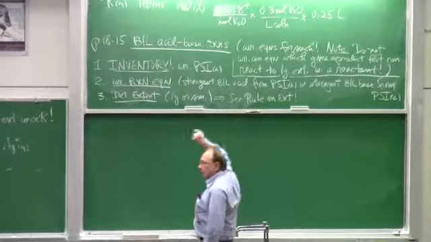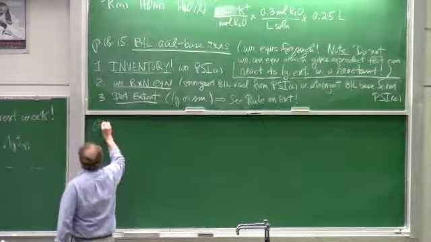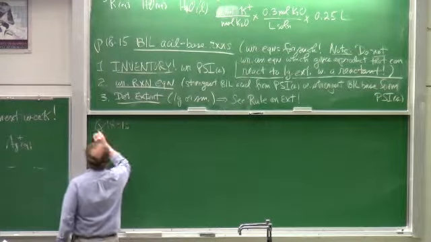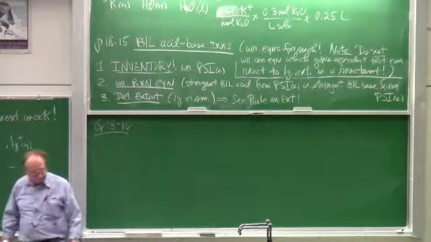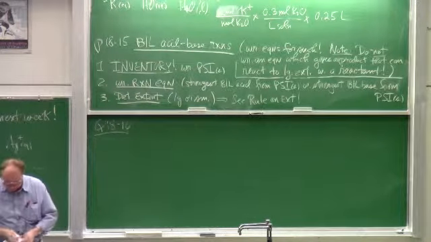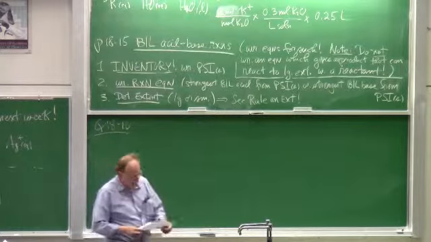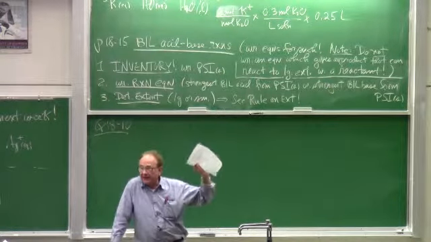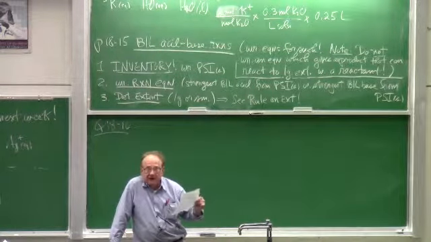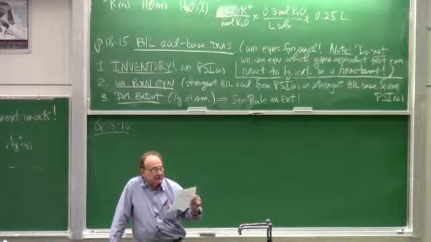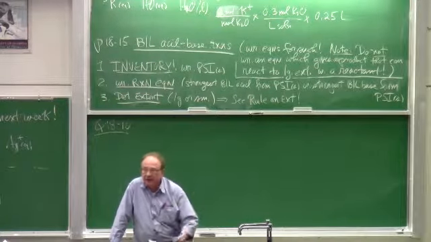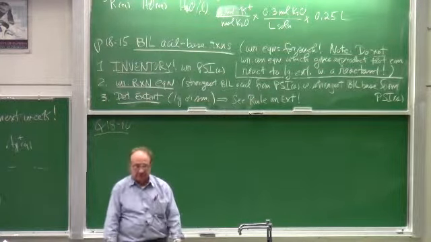Going now to page 1817, question 1810. You have this. I'm not going to write it on the board. Pure HCl gas is bubbled into 1 molar nitric acid solution.